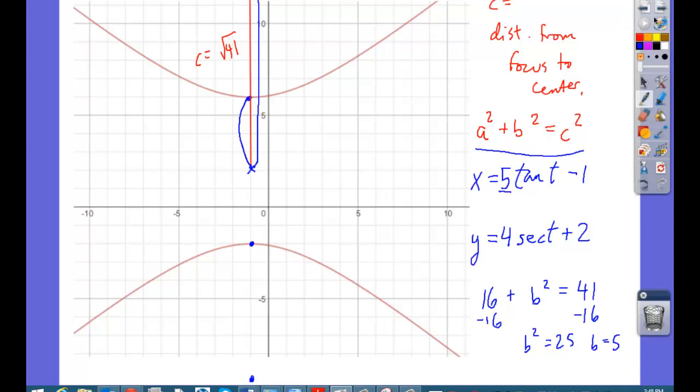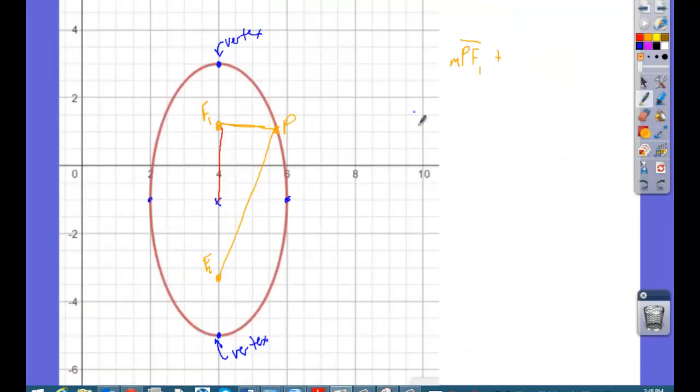Okay, now let's look at a problem involving the ellipse here. Let's say we didn't know where the foci were, which we don't. I guessed. So we don't actually know where the foci are yet, but we know where these vertices are, of course, and we know where the center is. And let's say we want to determine the foci.